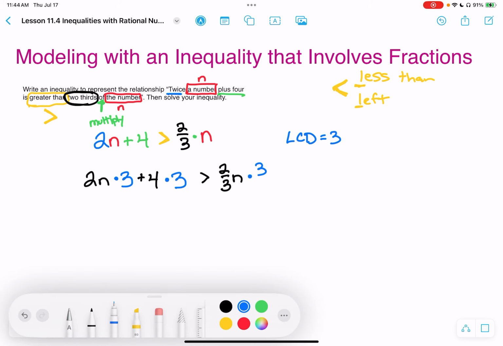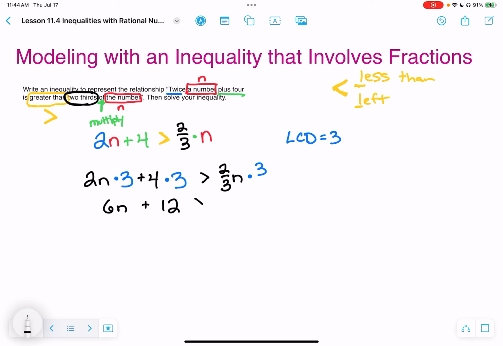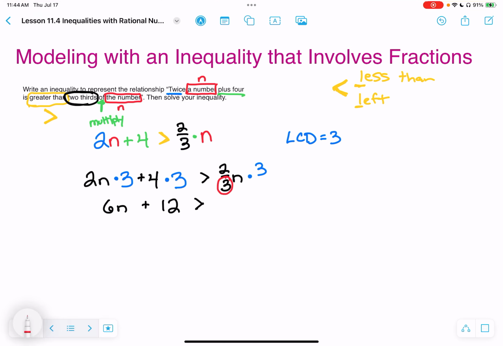Okay, so we've got 2n times 3, that is 6n. 4 times 3 is 12. And then 2/3 n times 3 is going to be 6/3, but these threes right here are going to cancel, and we're just going to be left with 2n.